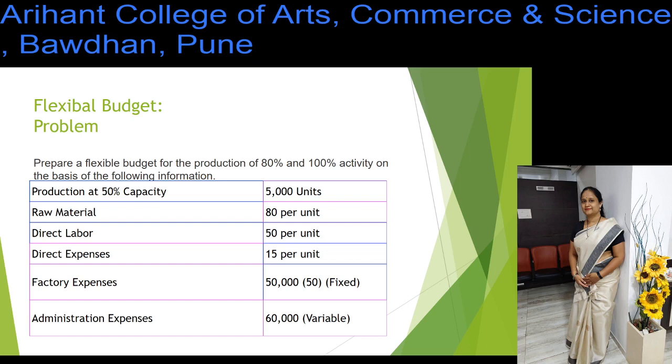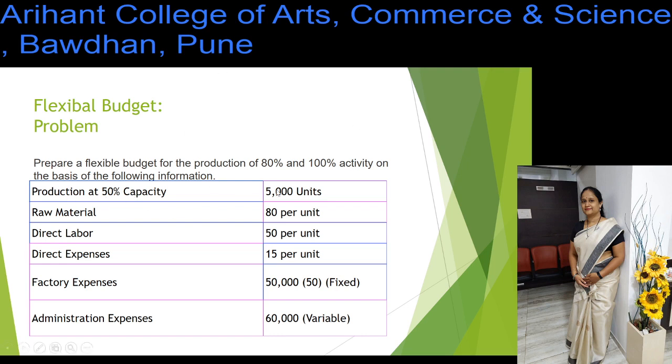Now let us solve a problem for the flexible budget. Prepare flexible budget for the production of 80% and 100% capacity on the basis of following information. We have been given the information about production at 50% capacity. We are producing 5,000 units.